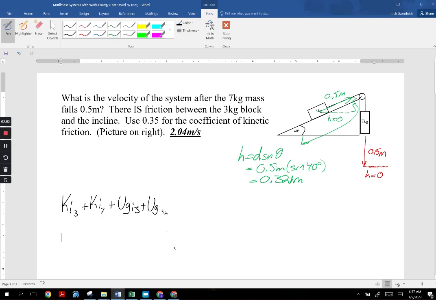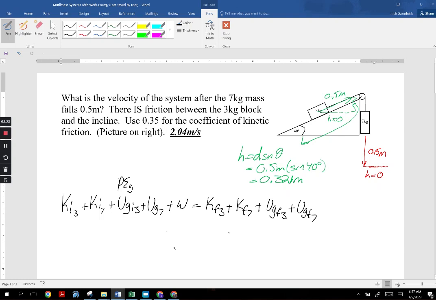Plus any work done on the system. And that equals the kinetic energy final for the 3, plus the kinetic energy final for the 7, plus the gravitational potential energy final for the 3, plus the potential energy due to gravity final for the 7. Now, if you're in Physics 1, you know that we use KE instead of K, and PEG instead of UG, but it's the same thing.